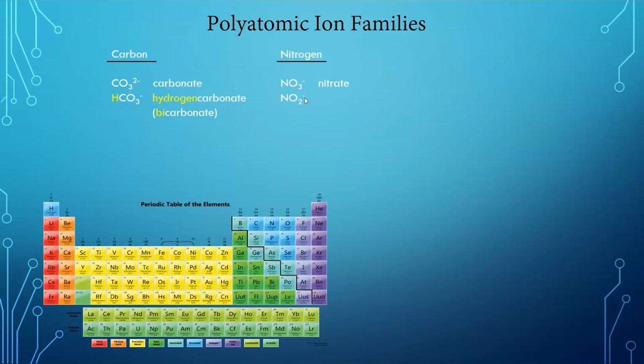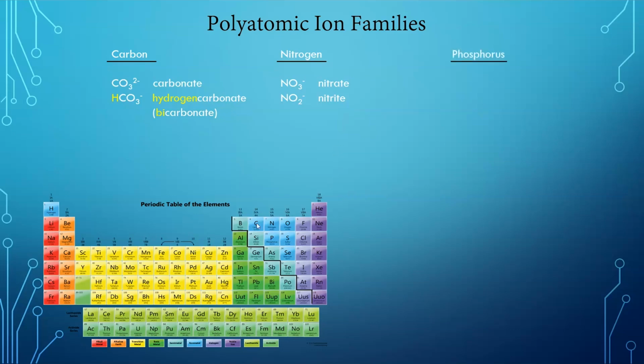And it'll be clearer why that's the case when we get into the next chapter. In chapter 12, we'll be drawing 3-dimensional pictures of the various polyatomic ions. Now, we can't also call this a nitrate ion. We have to somehow distinguish the two. So whenever you remove an oxygen, we simply change the ending from -ate to -ite. And that makes up the nitrogen family, also a pretty small family.